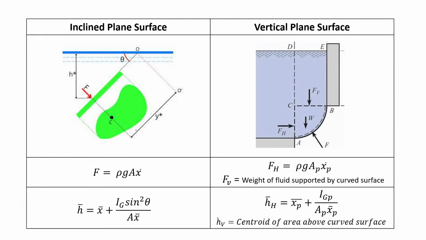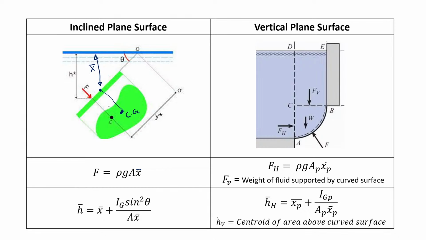Likewise, in case of an inclined plane surface, again the formula remains the same, that is rho g A into x bar. But remember, in case of an inclined plane surface, let us consider this is the location of CG. If I project that CG, this vertical distance is nothing but x bar.